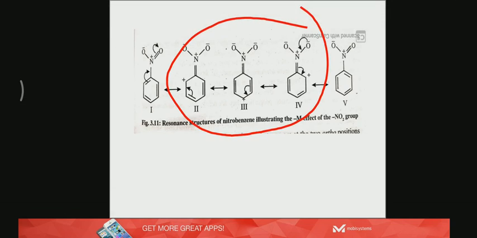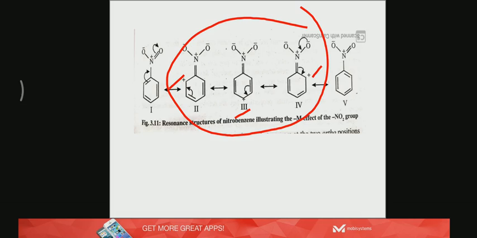there is positive charge appearing at the ortho-para positions, right? What does it mean? When there is a positive charge, it means electron density is decreased. So electron density has decreased particularly at ortho-para positions due to this minus R effect of NO2.